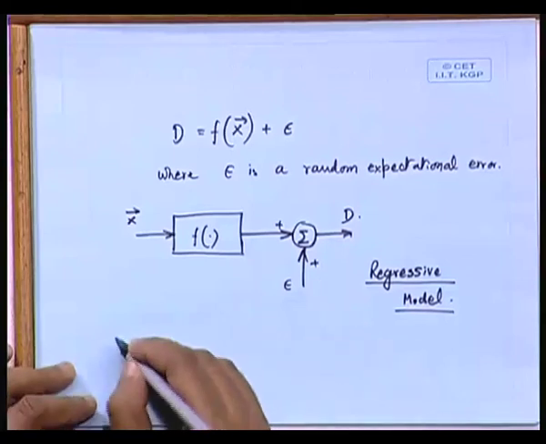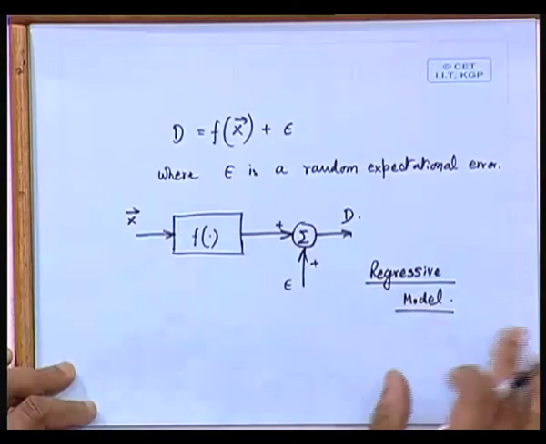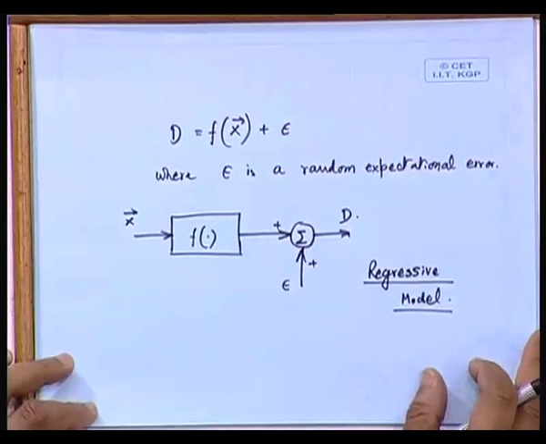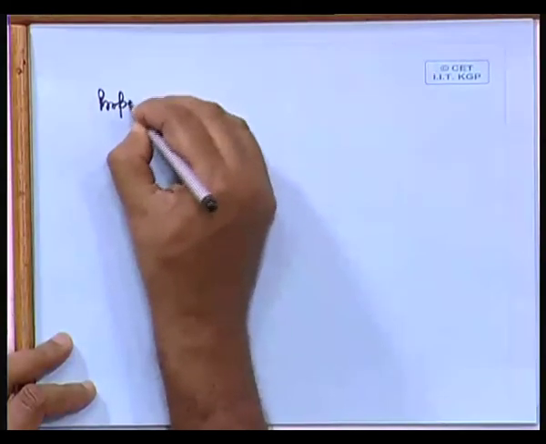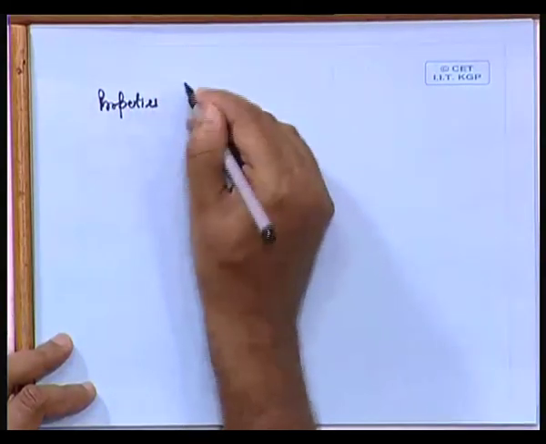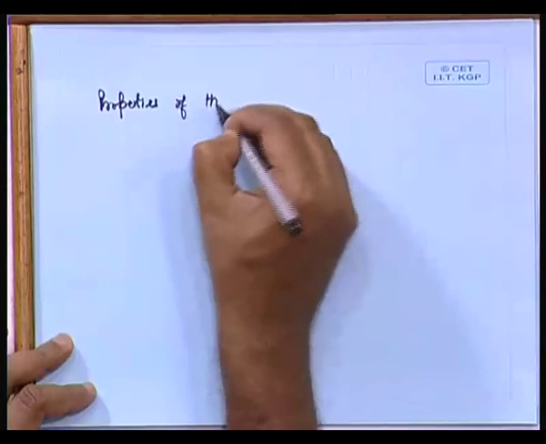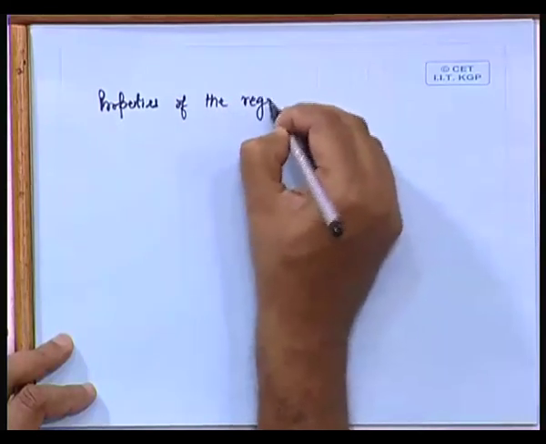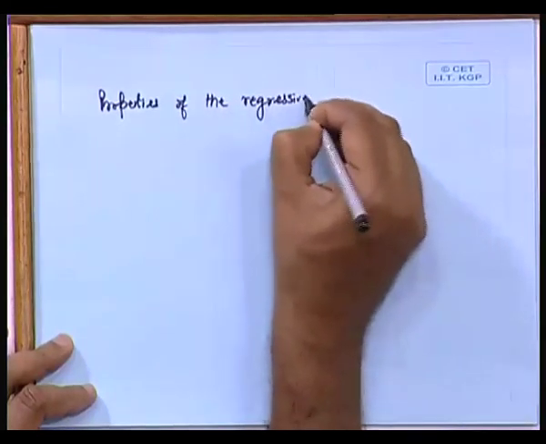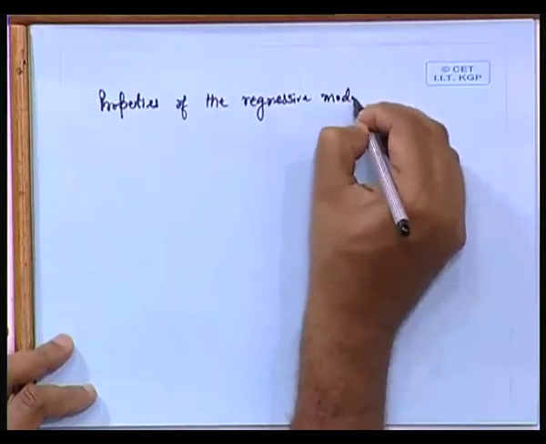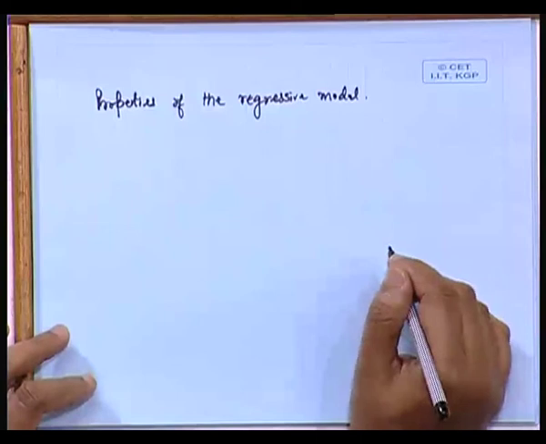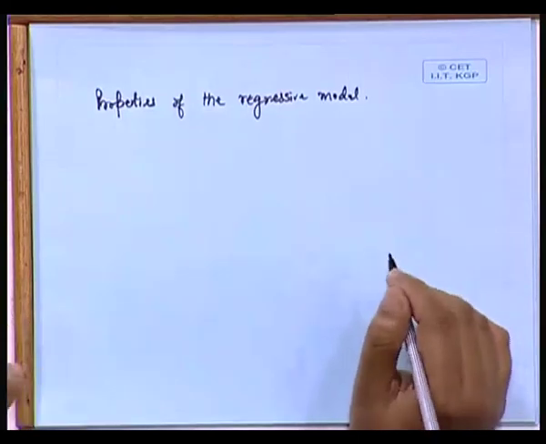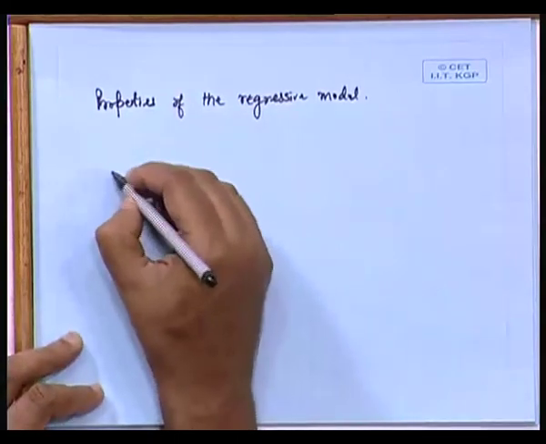Now, this regressive model that we have presented has two useful properties. The first property is that the mean expectational error given any realization of x vector is 0.